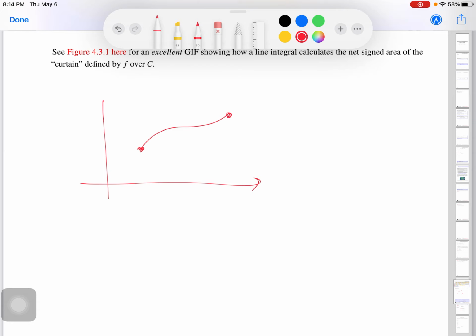And I'm going to assume that this curve goes from some point, let's call it P and Q. And I'm going to assume that this curve C is parametrized as x of t, y of t, where t goes from A to B. And this P is x of A, y of A, and this Q is x of B, y of B. So in other words, the curve starts here and it ends there in terms of the parameter t.